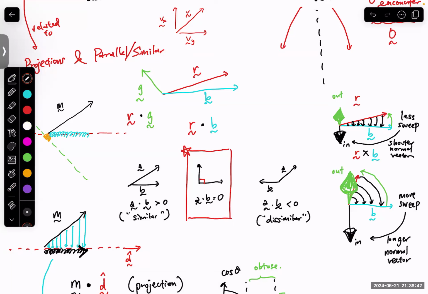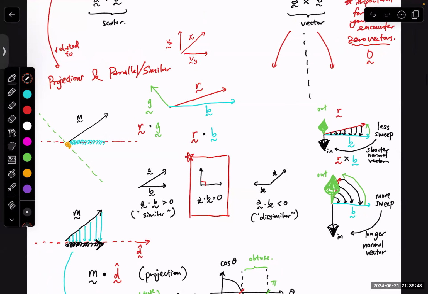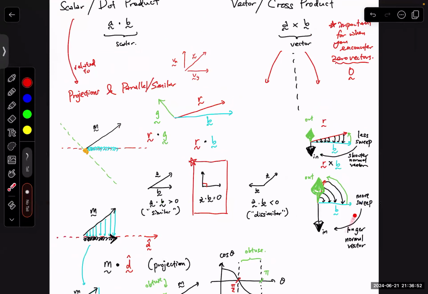This intuition will help us quite a bit later on. Not as much as the other way, but good enough. This sweeping idea will help us understand visually the magnitude of the vector that is formed when you do a cross product.